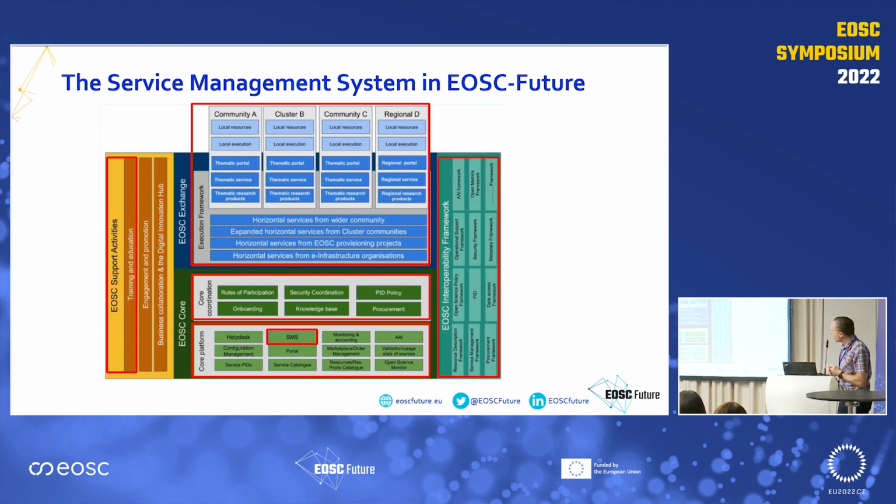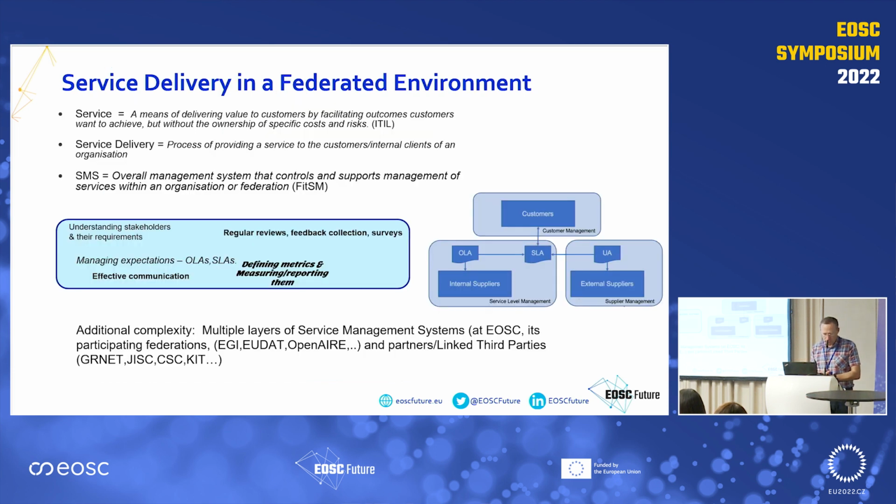And then it also covers the EOSC interoperability framework, because these are also onboarded onto the exchange as far as the different guidelines and policies, which are part of the SMS as well. So it pretty much covers an awful lot of the original architecture diagram of EOSC.